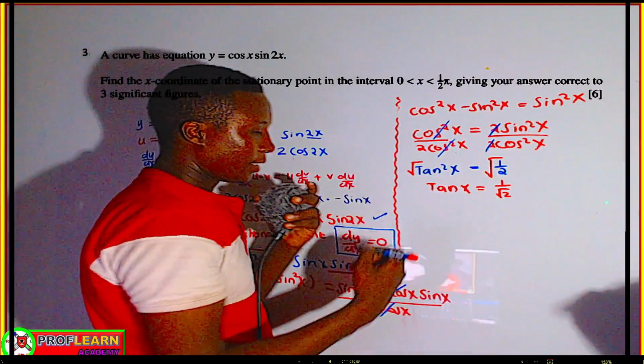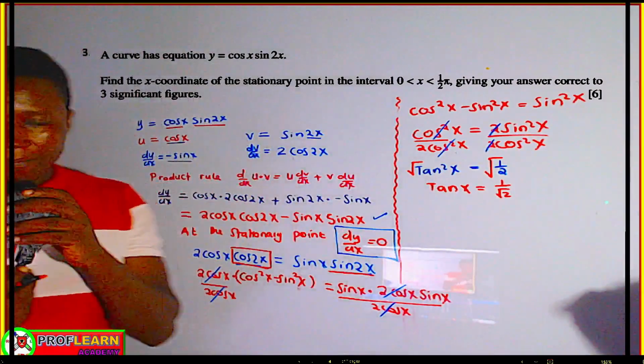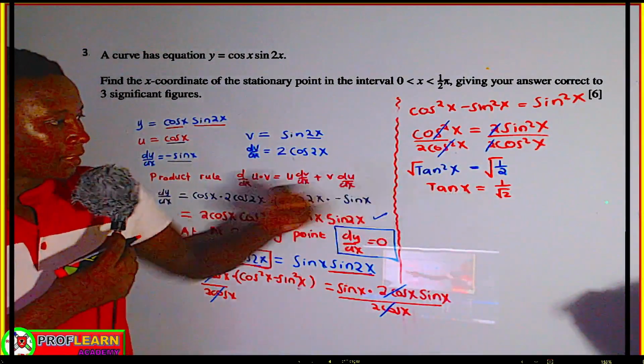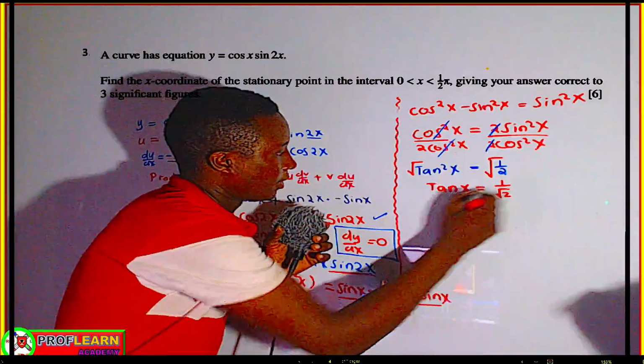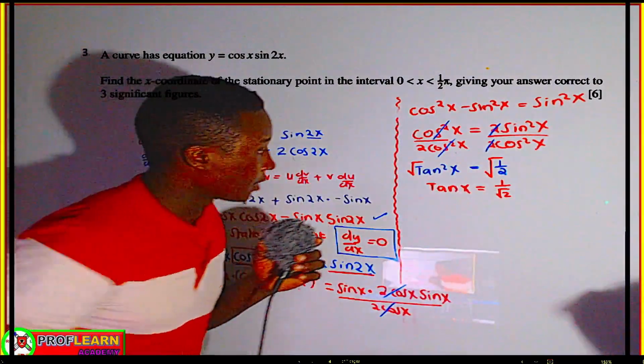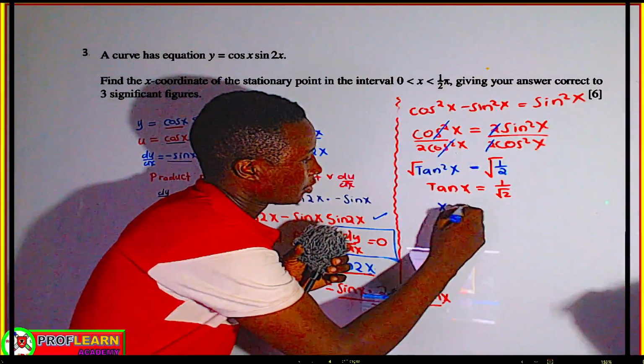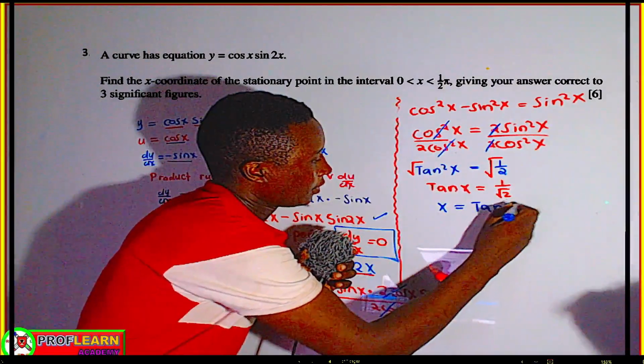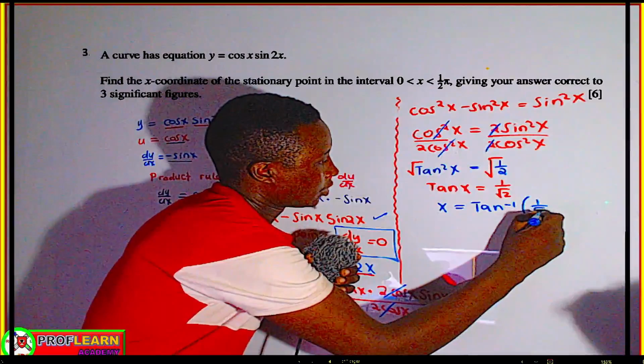So if I'm finding the x coordinate, I need to find the tan inverse of this part, so x is going to be tan inverse of 1 over root 3.